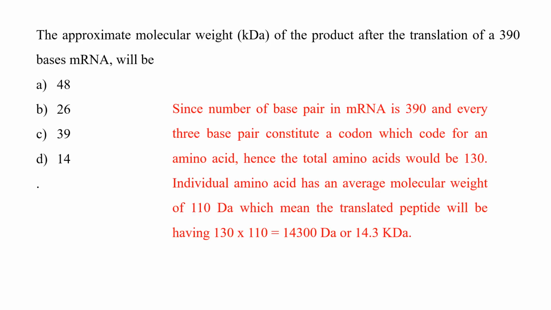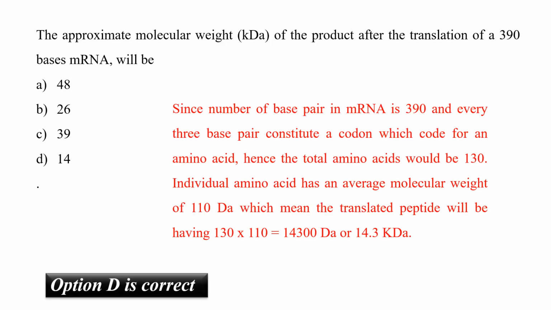That means total codon would be around 130. 390 divided by 3. Now, an individual amino acid has a molecular weight of 110 dalton. So, a peptide of having 130 amino acid will give me 14300 dalton or 14.3 kilodalton protein. So, option D has to be the correct answer.